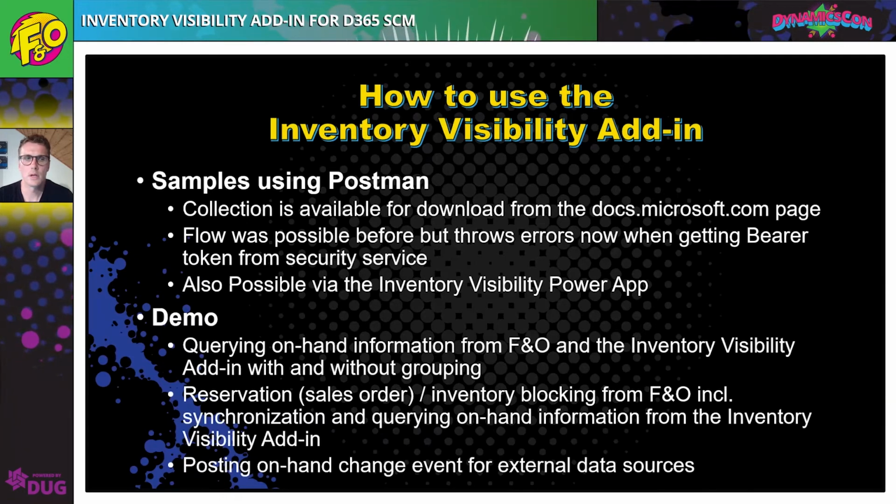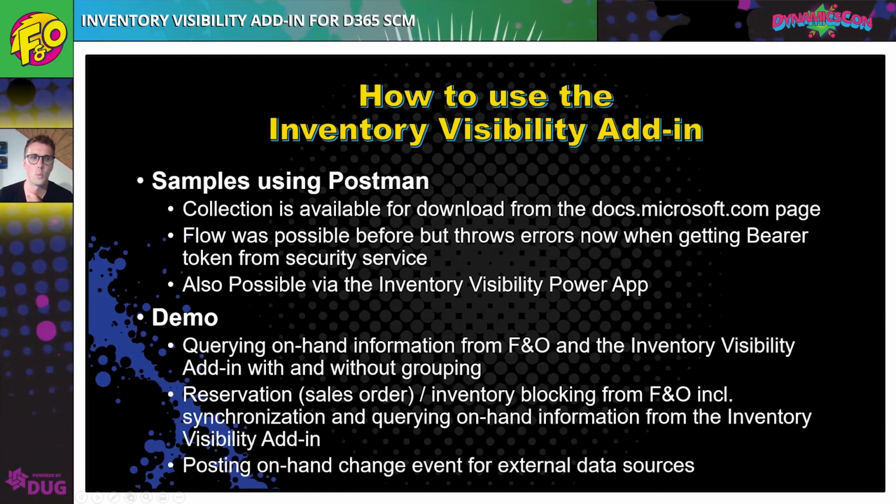I will use Postman to show you how to use the inventory visibility add-in. The collection I'm using you can download as a starter from docs.microsoft.com. I will show you where you will find the Postman collection.